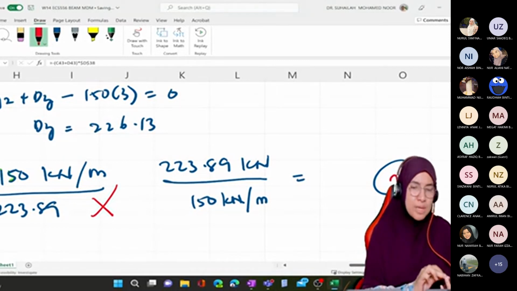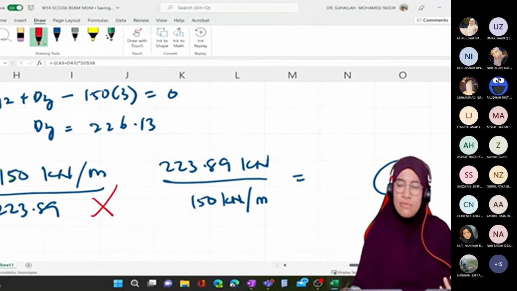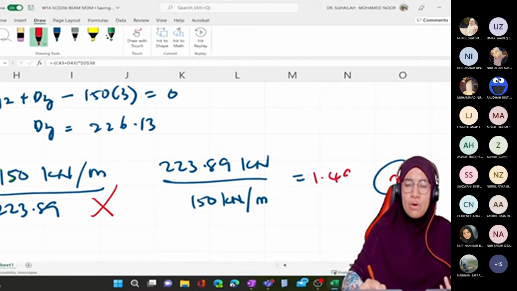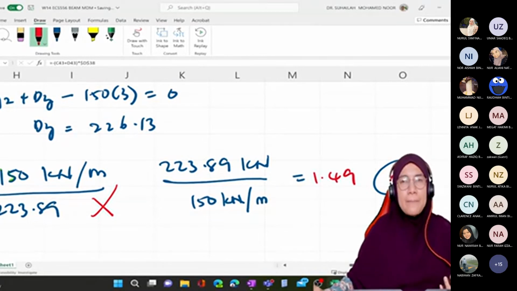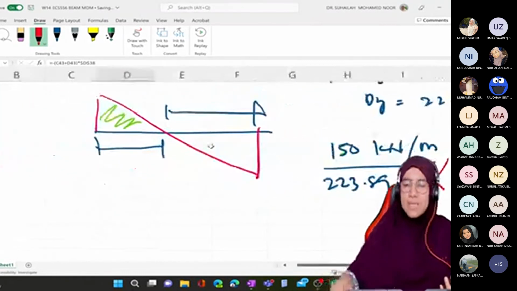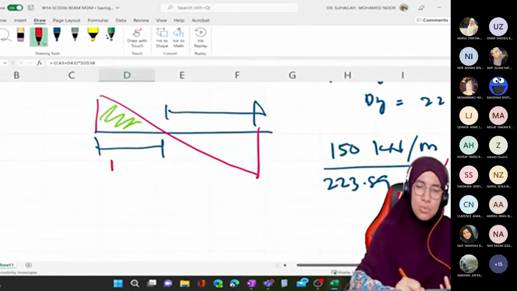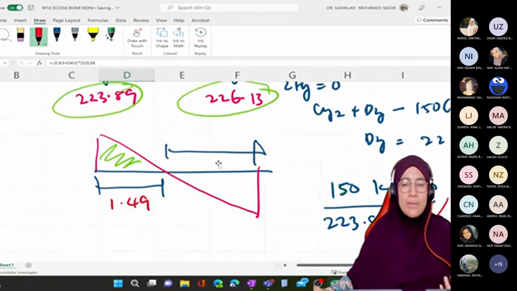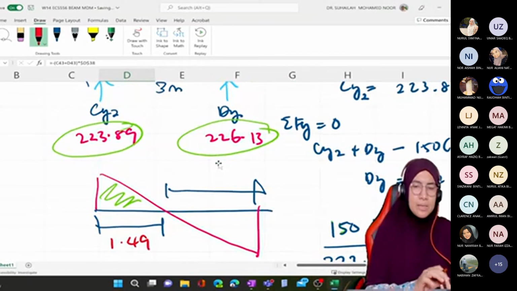It is 223.89 divided by 150. We get 1.49 meter. So we get this as 1.49. Okay, remaining, it is 226.13 divided by 150.